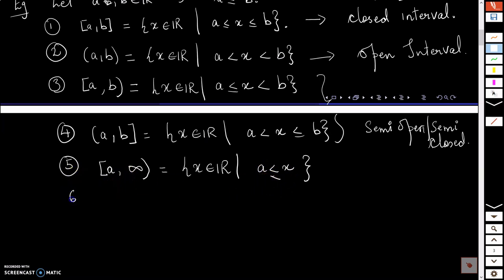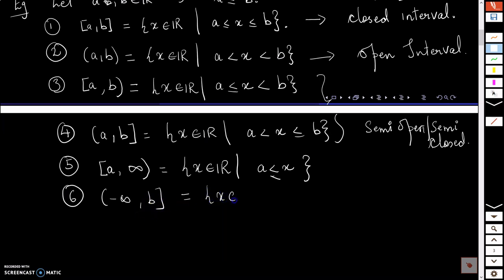In the same way, we can have minus infinity to b as well. So I can have an interval of this form. On the right hand side, I have b. It is closed. That means the point b is included, and all the points which are less than b are also included.